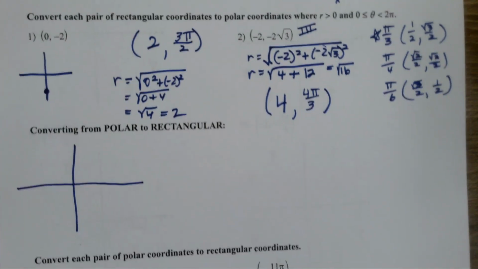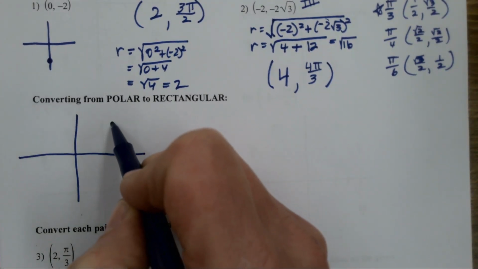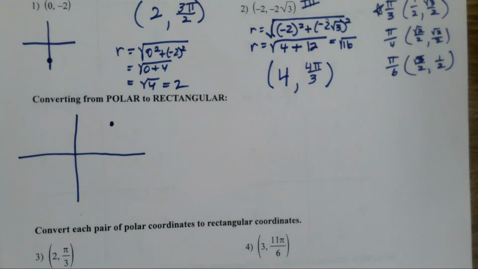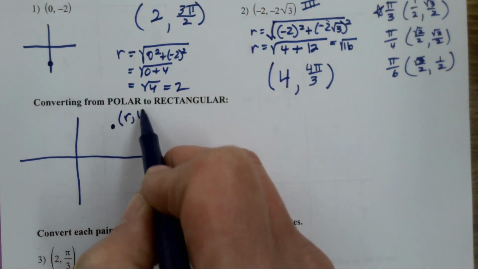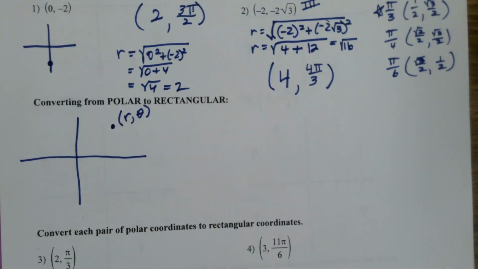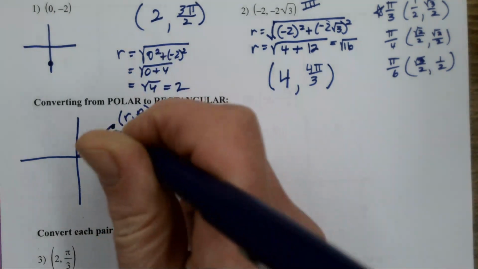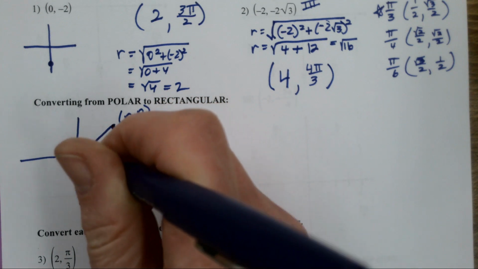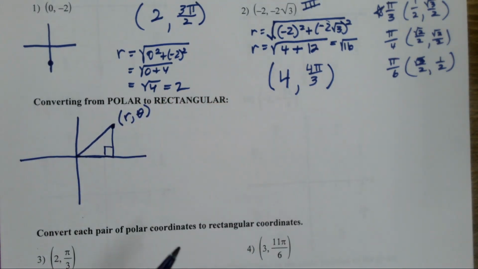And I am going to go ahead and pick a point out here. If I am given a polar coordinate, this is r comma theta, right? And so what that tells me, if I draw a right triangle, just like we did on Friday when we were trying to figure out the rectangular to polar, what pieces of information do I know on this triangle?